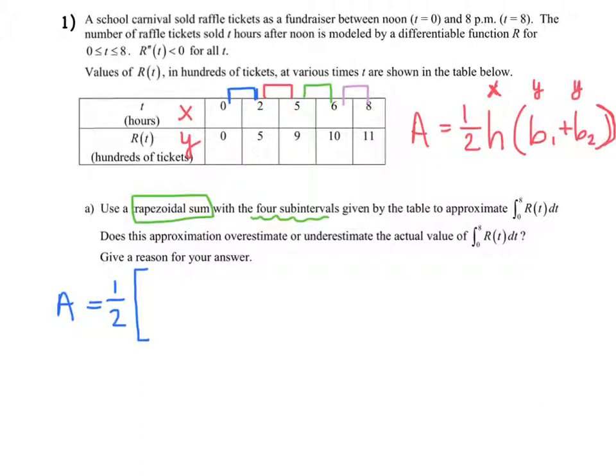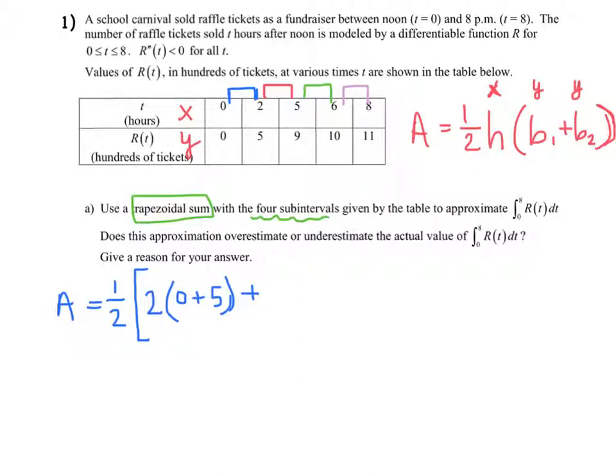Now we're just going to build each trapezoid independently. I would say the height of my first trapezoid was the distance between the x's, so 2, times base 1 and base 2, which are the y heights for each of those, the number of tickets sold at 0 hours and at 2 hours. So that would be 0 plus 5. That's my first trapezoid, my blue trapezoid. Plus, moving on to the next one.